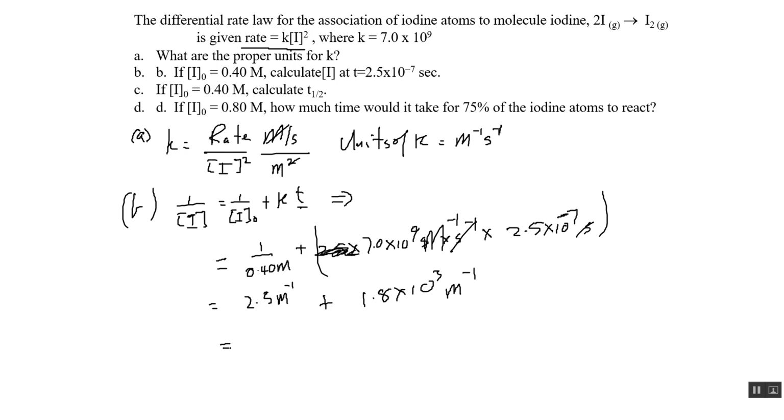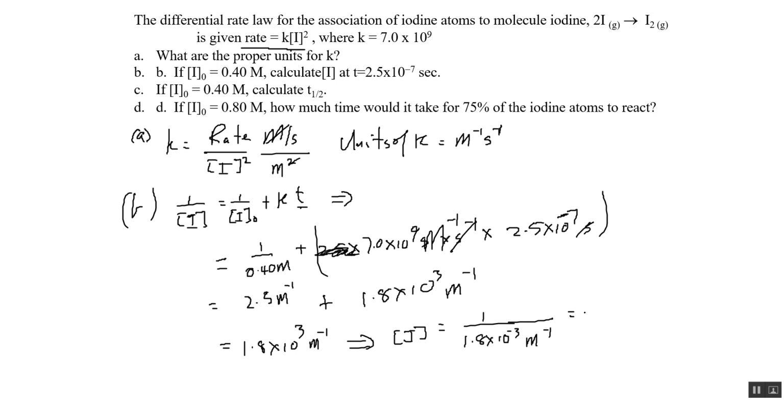All right, so 1.8 times 10 to the 3 M to the minus 1, which means that the concentration of I would be 1 over that. So 1 over 1.8 times 10 to the minus 3 M to the minus 1. And let me do that calculation. 1 divided by 1.8 times 10 to the minus 3.